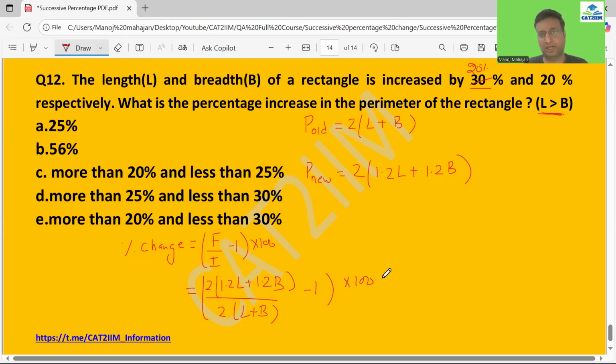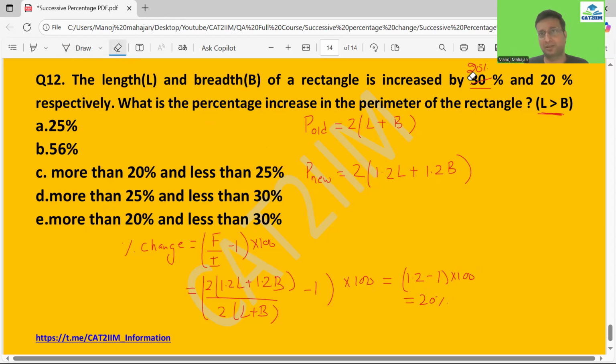And you'll figure out that everything would cancel out. Only 1.2 would be left out. Minus 1 into 100. So what do I get? 20%. So if length has been increased by 20%, breadth by 20%, what is the percentage increase in the perimeter of the rectangle? That is again 20%.